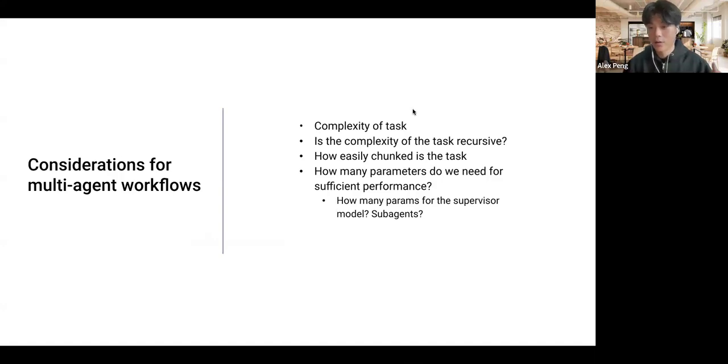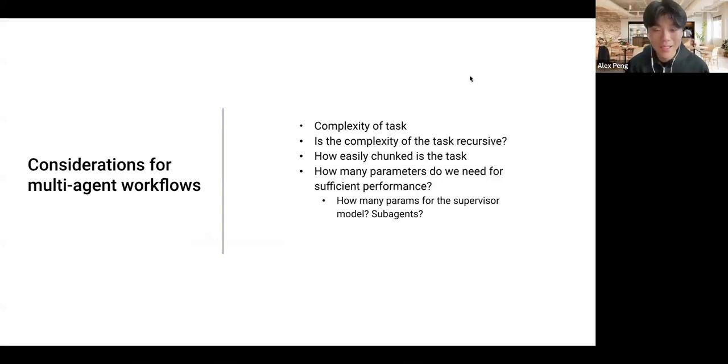But if we're going into more complex tasks, like working over a giant data set, or performing a task that requires multiple steps, maybe even multiple long-ranging steps that are separated in time, right? And so maybe we need to schedule agents. These all start to give us clues that maybe we need a multi-agent workflow.